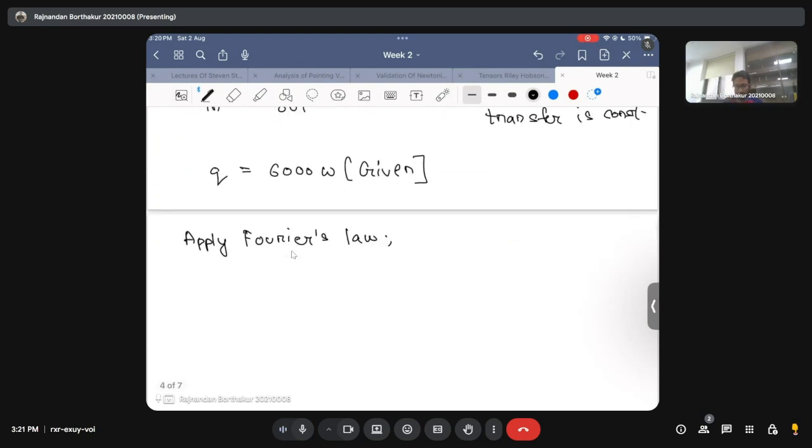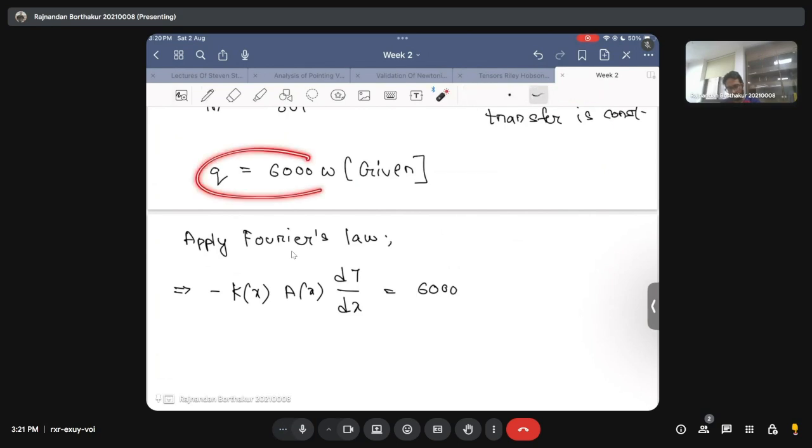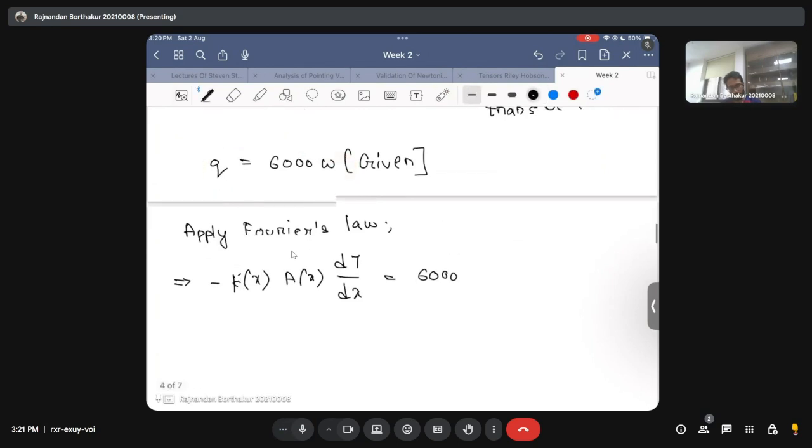Fourier's law says that the rate of heat transfer is equal to the heat flux times the area. So this will basically become minus k, your thermal conductivity, which can be a function of x, times the area, which is indeed a function of x as given in the question, times dT/dx. And this is equal to 6000, because you already know that your rate of heat transfer is 6000.